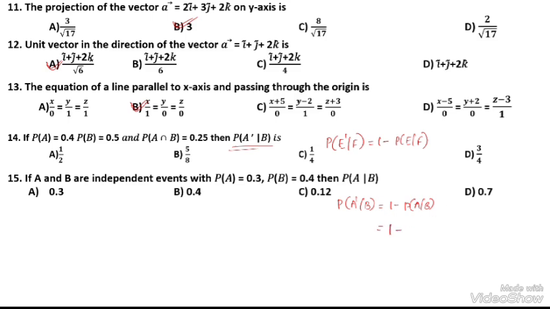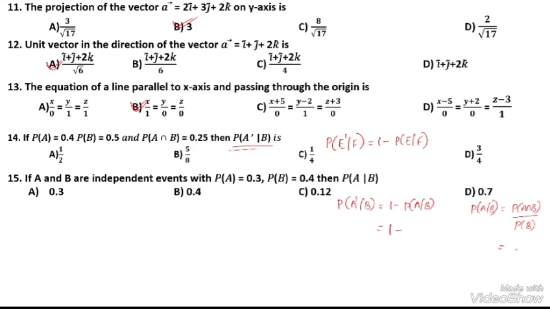We already know that probability of A on B is equal to probability of A intersection B divided by probability of B. An easy method for remembering the formula: A on B means taking the intersection of A and B in the numerator and taking B as the denominator.